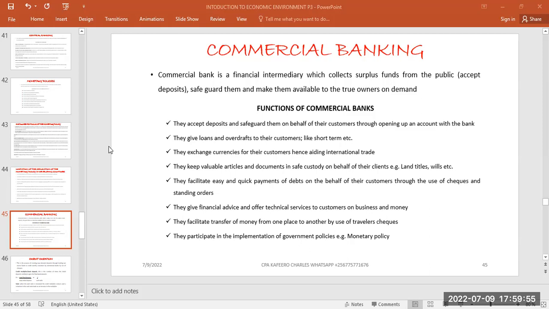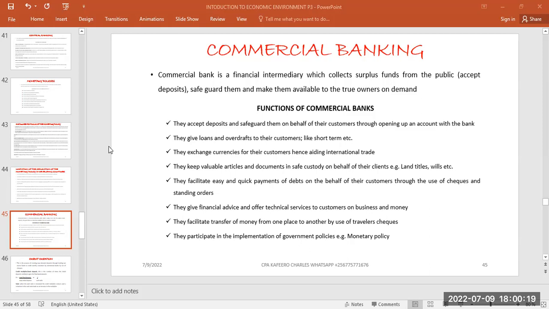They accept deposits and safeguard them on behalf of the customers through opening up an account with the bank. They keep the deposits of the customers. The other one, they give loans and overdrafts to customers, like short-term loans, long-term loans, and others.